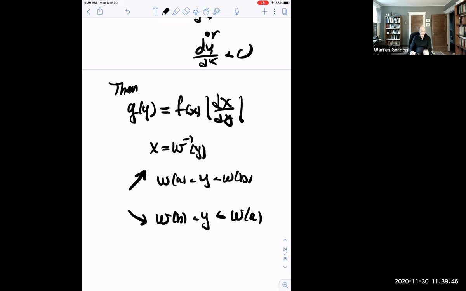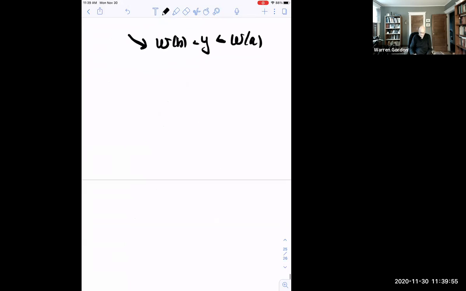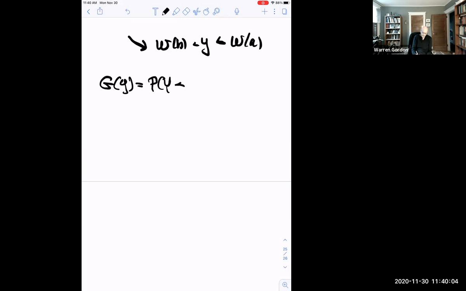So let's prove the theorem. Simple enough to prove. So the proof in general is as before. G of y is the probability that Y is less than or equal to little y. And this is equal to the probability of w of X less than or equal to y.